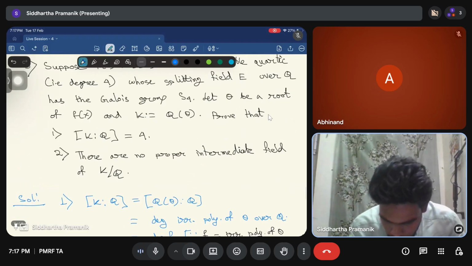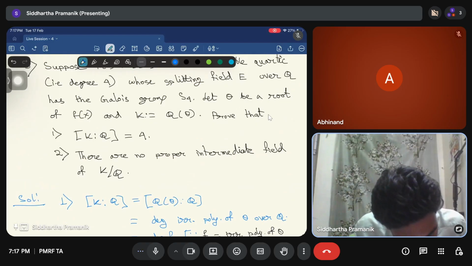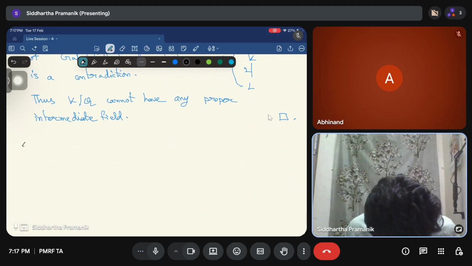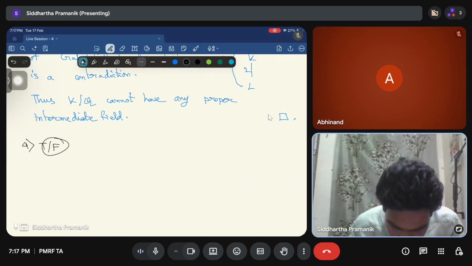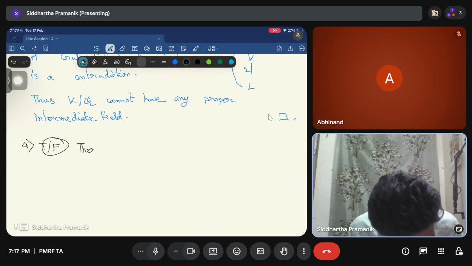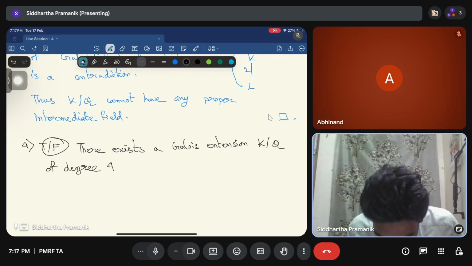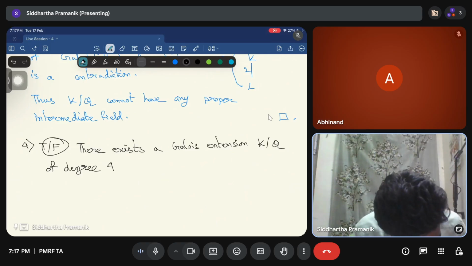Okay, so let's do one more problem from this problem itself. So this will be a true false type question. There exists a Galois extension, let's say K over Q of degree 4, with no proper intermediate field.